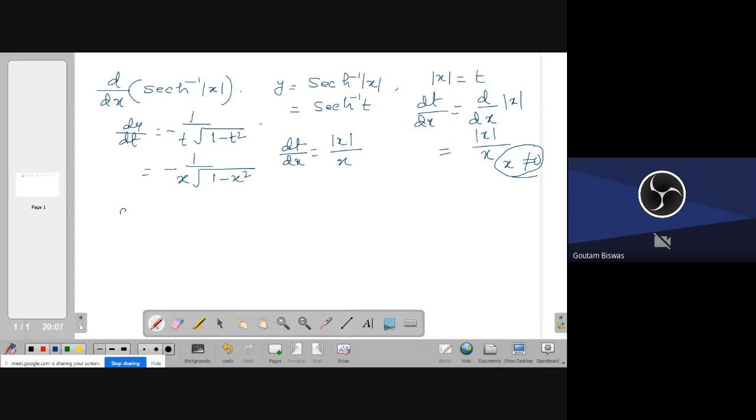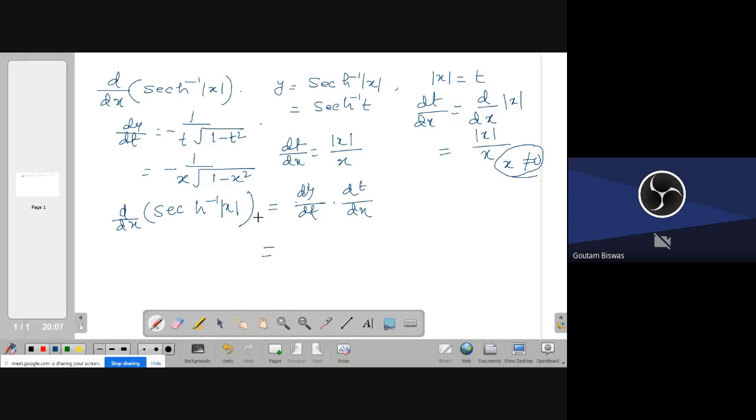Now you have to find out d/dx of sech inverse mod x, and that is equal to dy/dt into dt/dx.